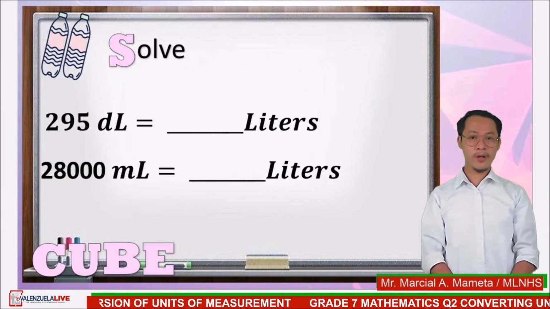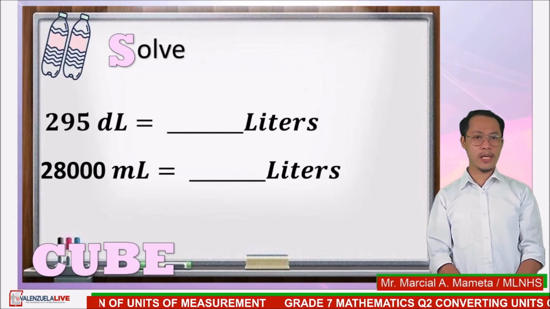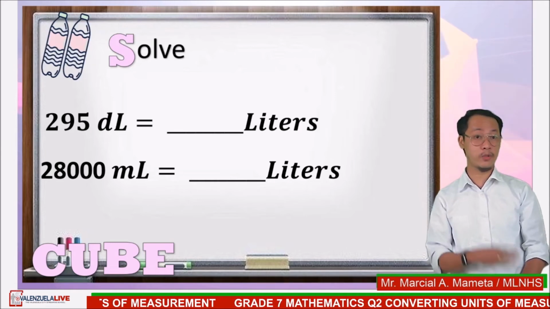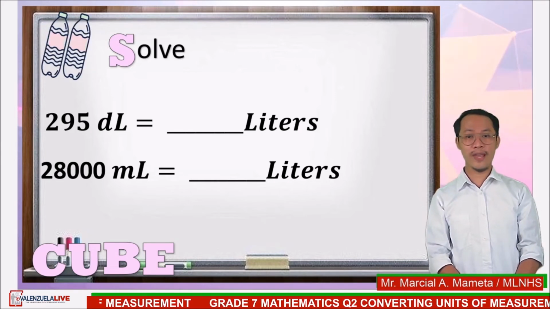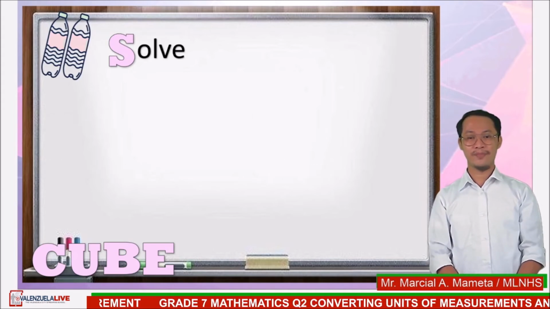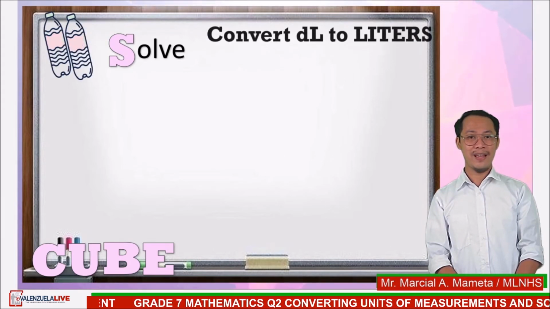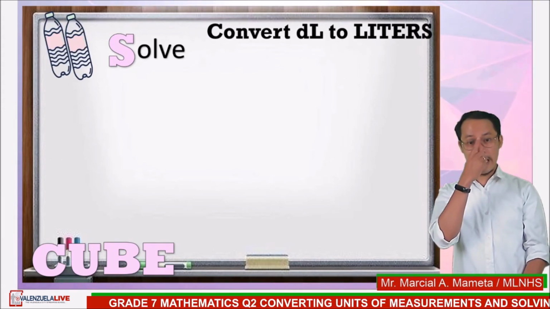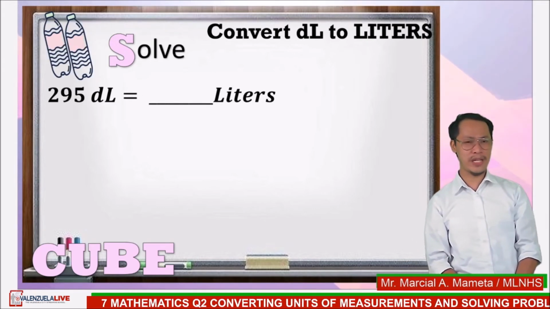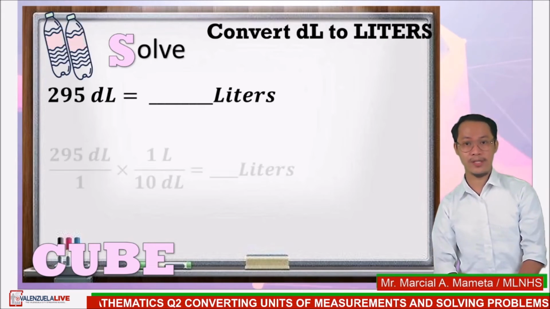So we have here, we need to identify what is the equivalent of 295 deciliters to liters and also 28,000 milliliters to liters. Let us begin with converting deciliters to liters. 295 deciliters is equal to blank liters.